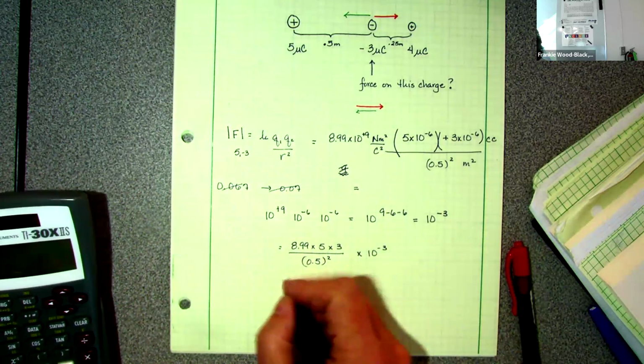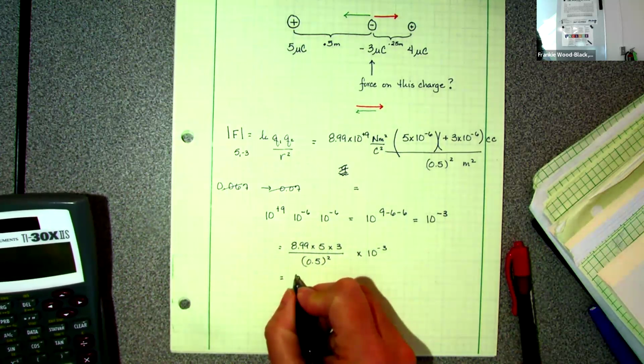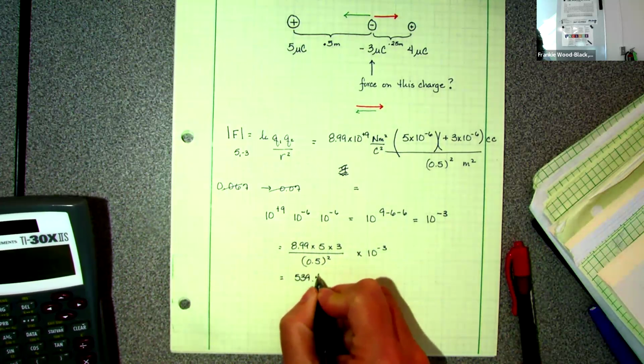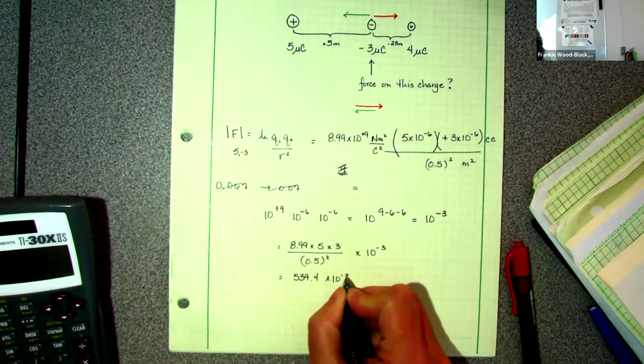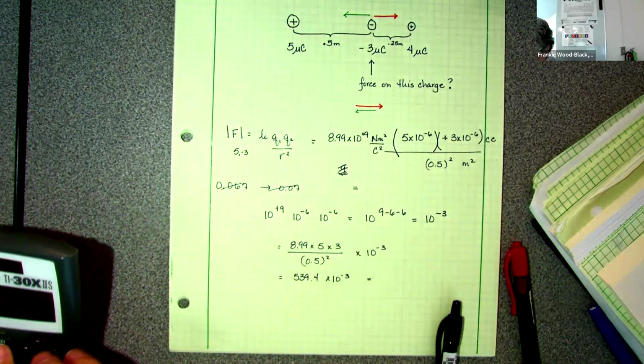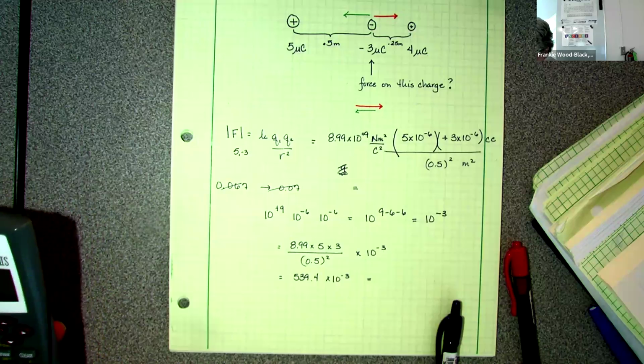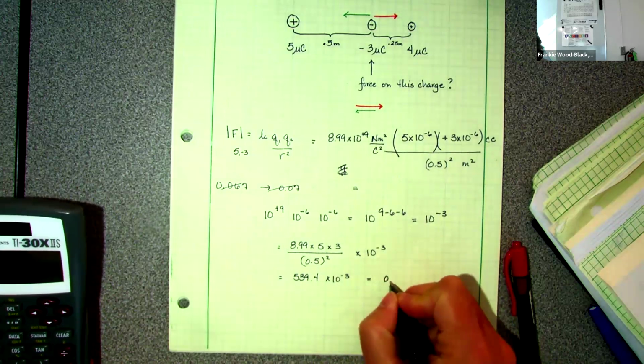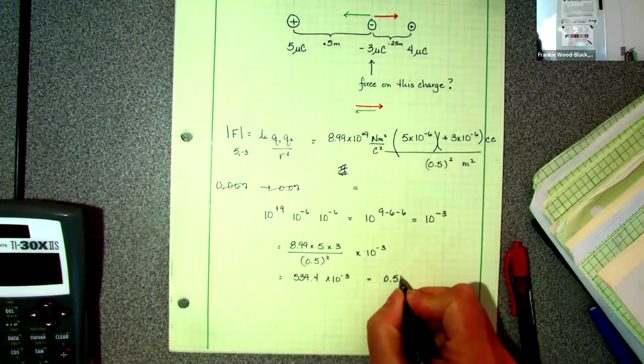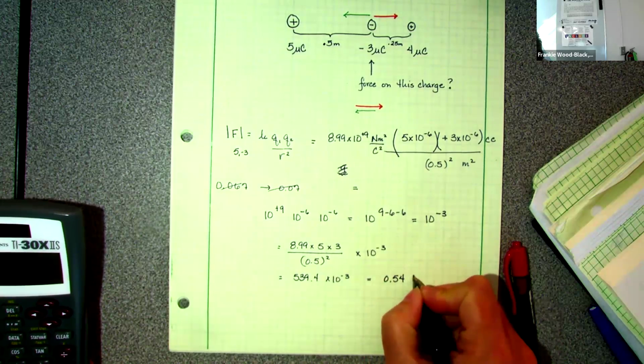This gives me 539.4 times 10 to the -3, which gives me 0.54 newtons.